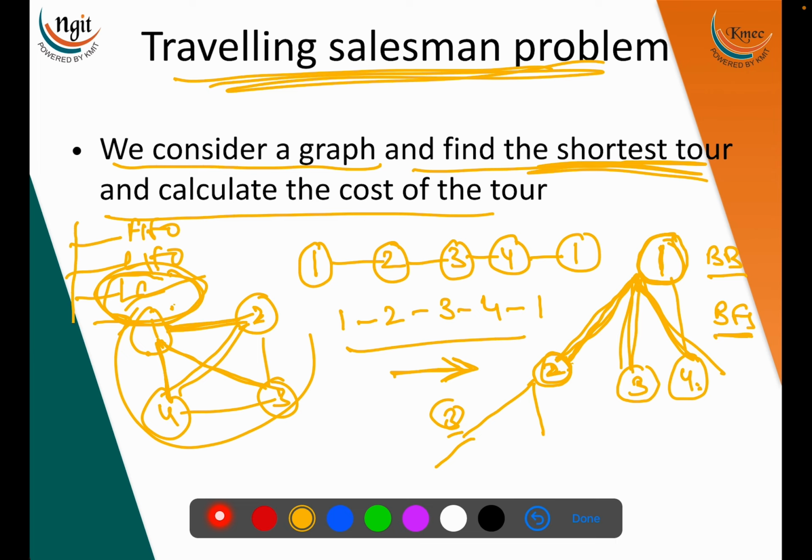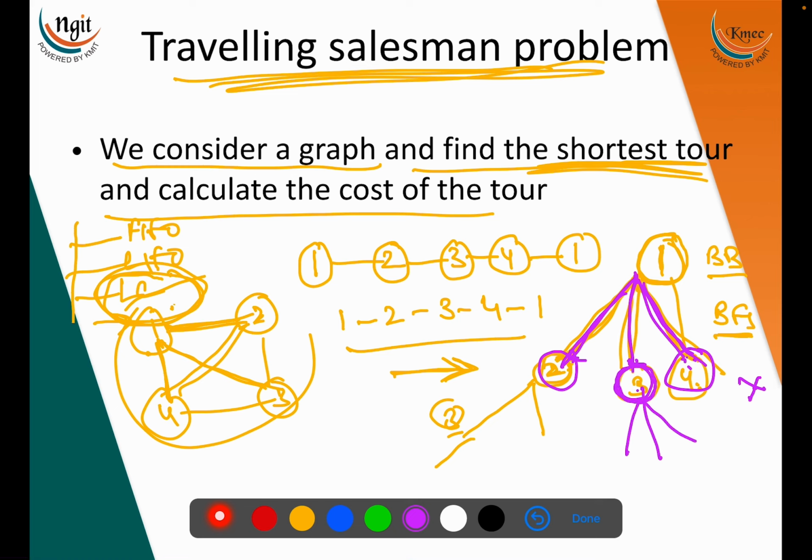As far as this problem is concerned, after I travel from 1 to 2, 1 to 3 and 1 to 4, I have to see the cost of 1 to 2, 1 to 3 and 1 to 4. Whichever cost is minimum, that node is going to be explored. Let us suppose I found the minimum path from 1 to 3. Then I will not explore the 1 to 2 node and the 1 to 4 node; I'll stop exploring these 2 nodes and start exploring this node.